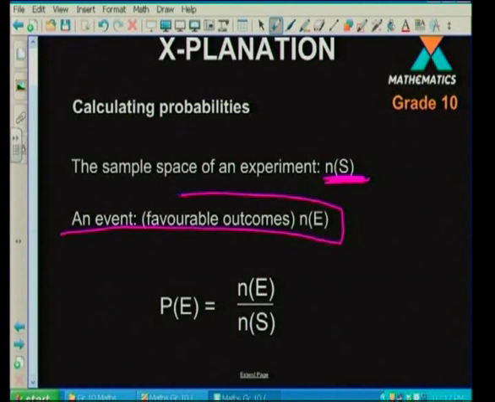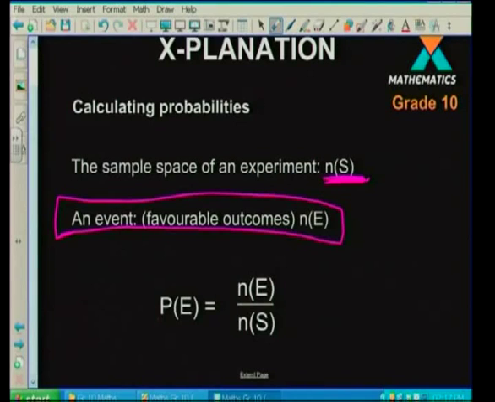Now, the event is what we call our favorable outcome. So let's say I want to know what is the probability that if I throw a die, I will get a 2. I will say the probability of the event of getting a 2 is the number of times that event occurs over the sample space.